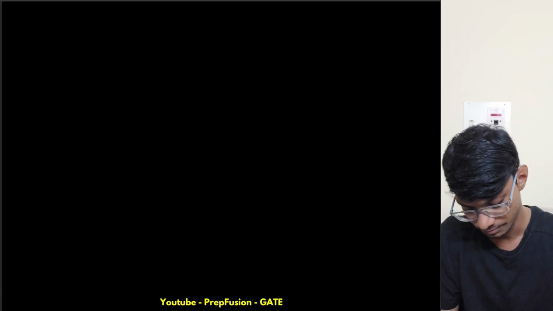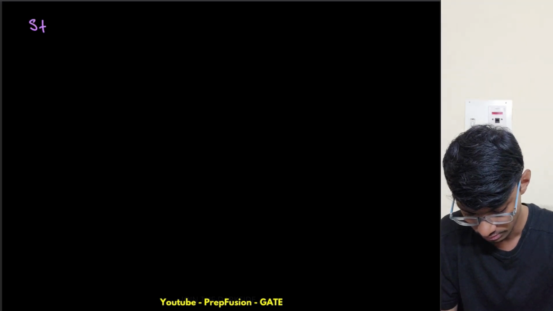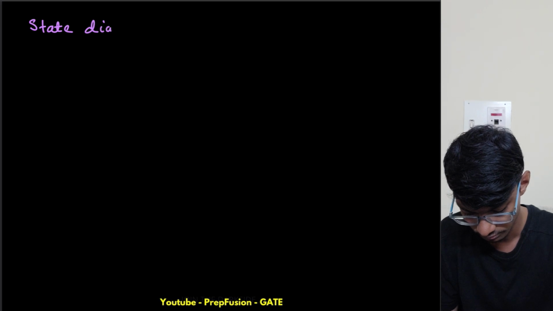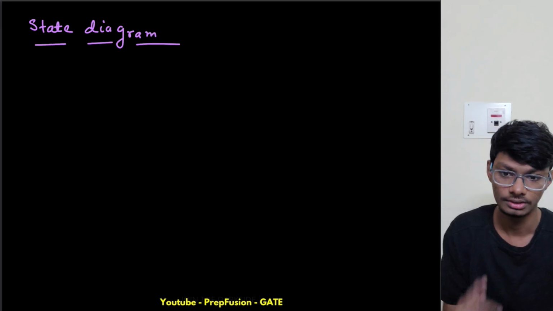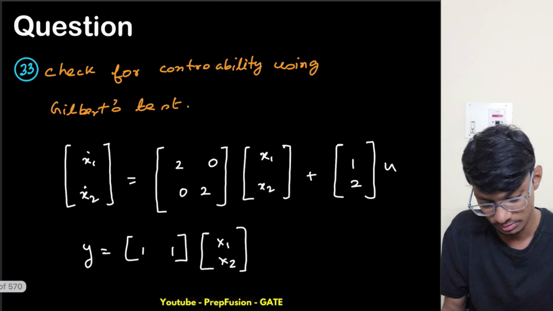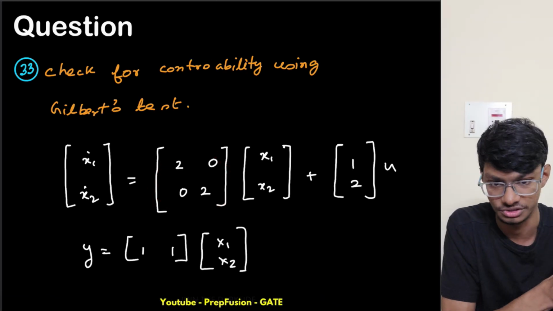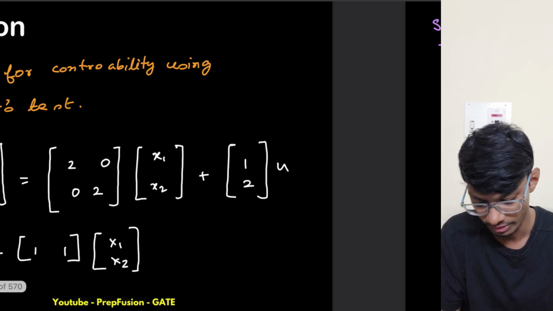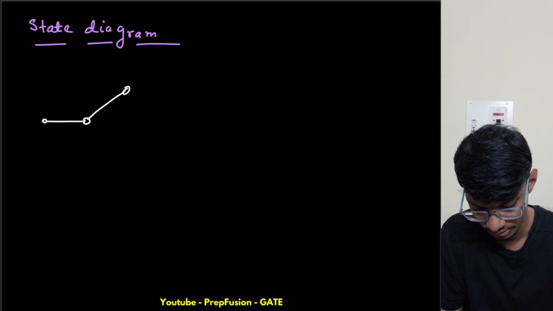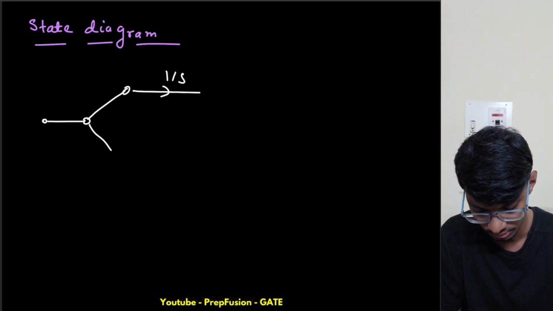State diagram. If I see the state diagram, this is basically a parallel decomposition, so I'll solve it in parallel. I'll have two components, one going here, and two 1 bias terms, one here and another one here.